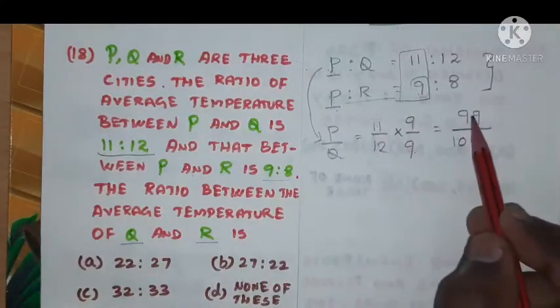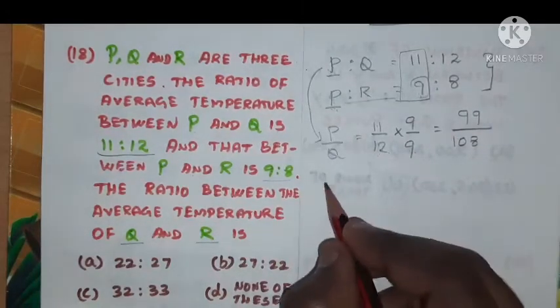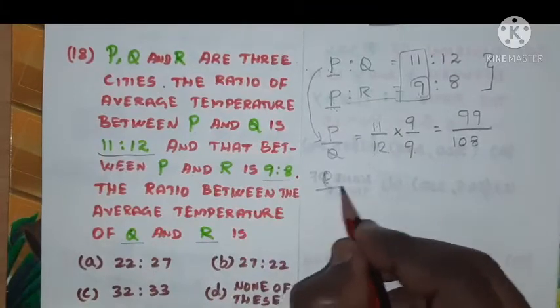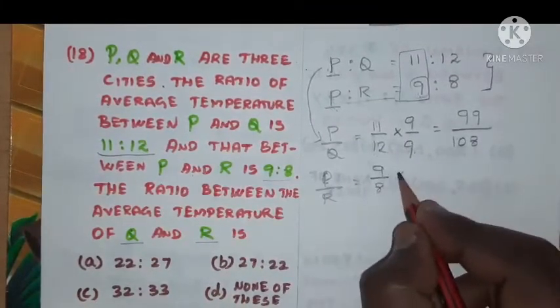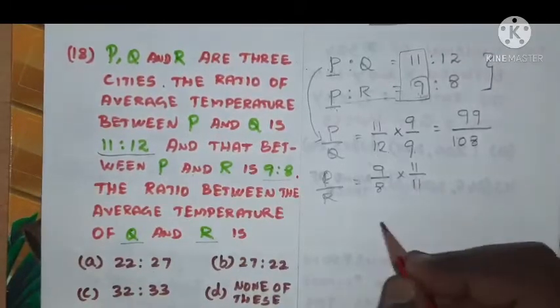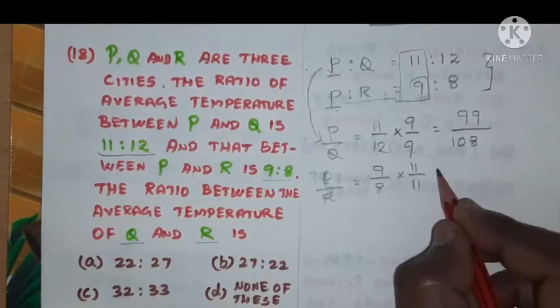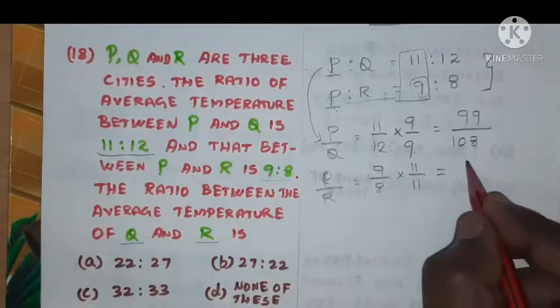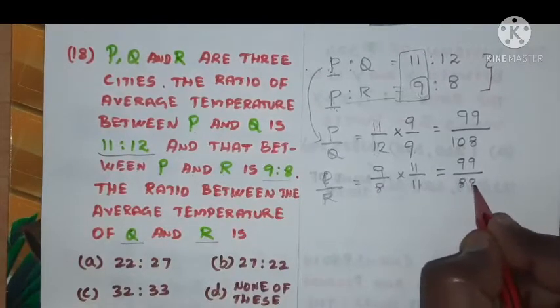So 11 nines are 99, where 12 into 9 is 108. Next, P divided by R is equal to 9 by 8 into 11 divided by 11. As I said, we are going to multiply with 11 by 11. Now 9 into 11 is 99 divided by 11 into 8 is 88.